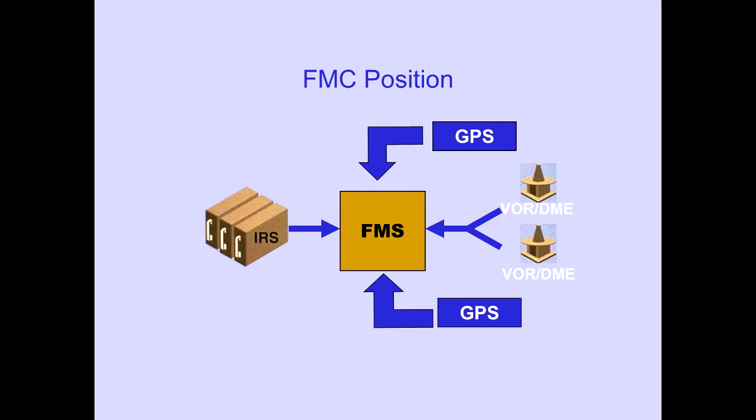IRS, localizer, VOR DME; 4. IRS, localizer; 5. IRS, GPS; 6. IRS, DME; 7. IRS, VOR DME; 8. IRS only; 9. GPS only; 10. DME only; 11. VOR DME only.